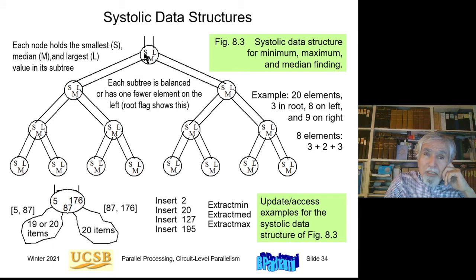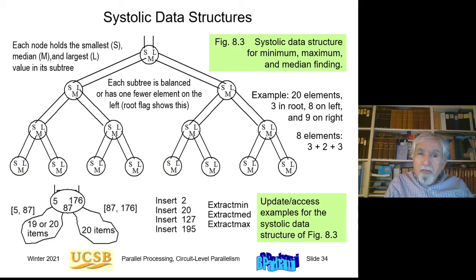So S is the smallest, M is the median, L is the largest. The smallest value overall is sitting here, the largest value overall is sitting here, and the median value of the entire list is sitting here. Then the left subtree contains values that are between S and M, and the right subtree contains values that are between M and L. And if the 2 subtrees are balanced, they have the same number of elements, then obviously the element sitting in the middle is the median.